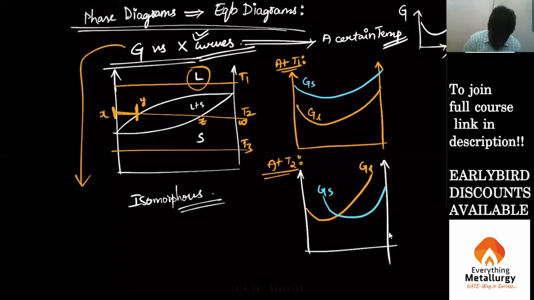Remember, this is a golden tip for G versus X curves: if you are drawing a common tangent between two curves, the compositions at the intersections of the common tangent give us the compositions at the equilibrium.